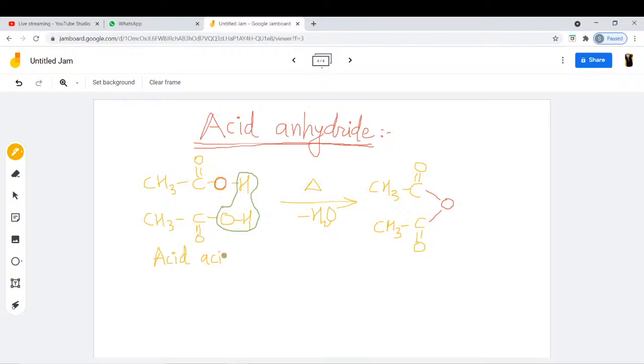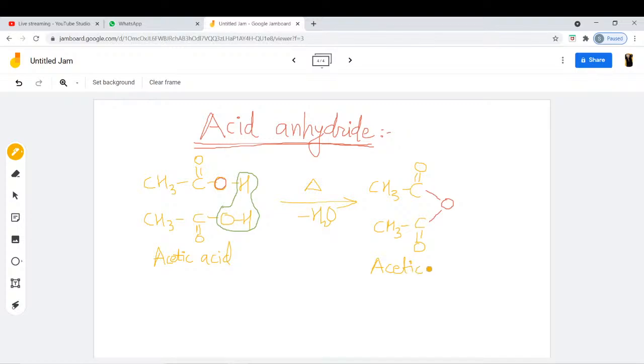These are formed from acetic acid, and this is the anhydride formed from acetic acid, so that's why we name it acetic anhydride.